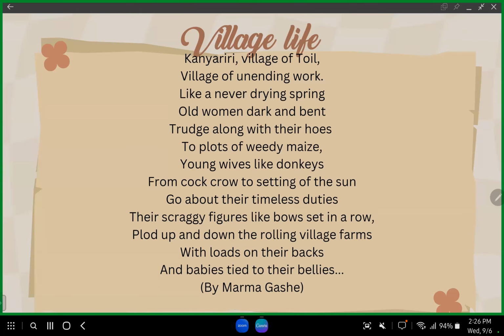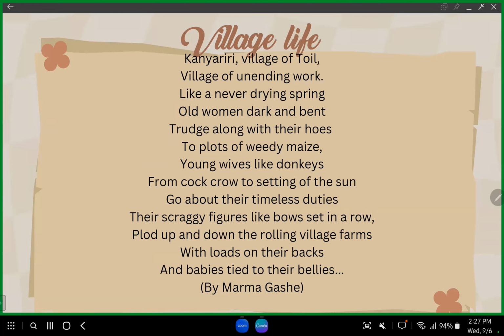Kanyariri, village of toil, village of unending work, like a never-drying spring. Old women, dark and bent, trudge along with their hoes to plots of weedy maize.